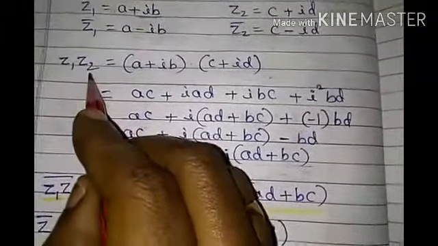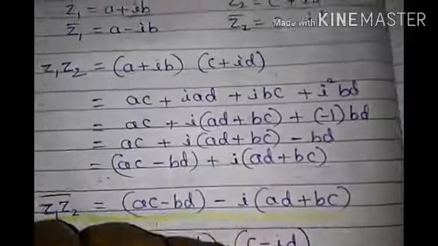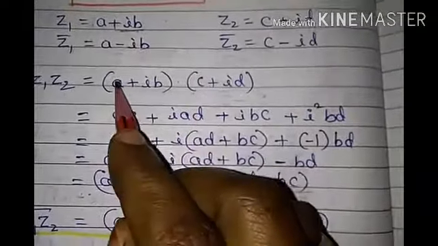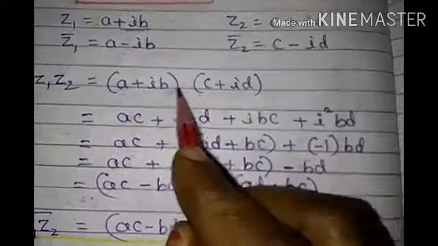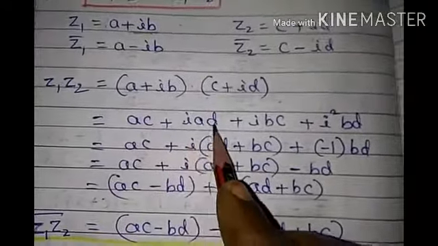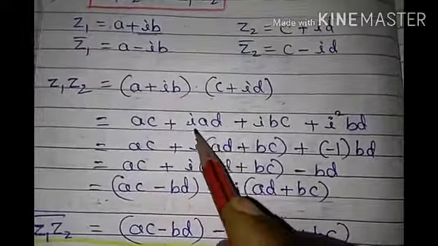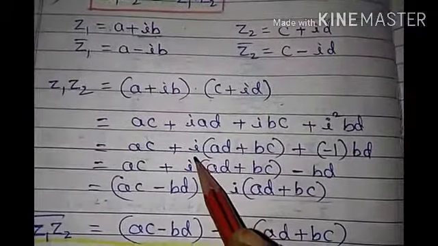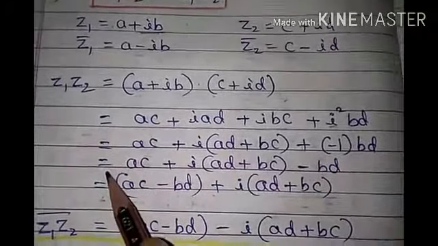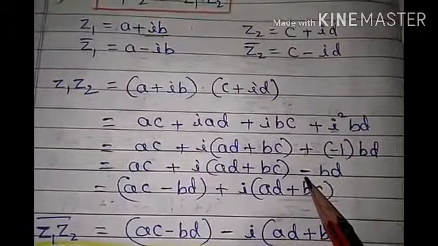Now product of z1 z2 equal to a plus ib into c plus id. While we have to multiply two complex numbers, a multiplied by c and a multiplied by id. Similarly, ib is multiplied by c and ib is multiplied by id. We get ac plus iad plus ibc plus i square bd, that is equal to ac plus i is common, so take it out, i into ad plus bc plus the value of i square is minus 1 into bd, that is equal to ac plus i into ad plus bc, minus into plus becomes minus bd.